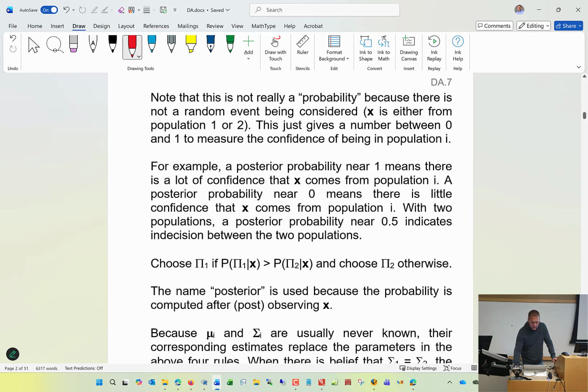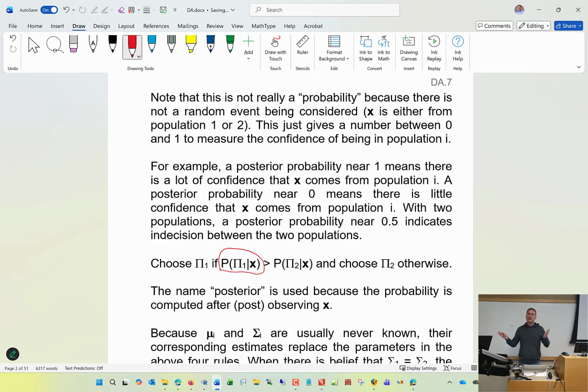And so if this posterior probability for being from population 1 is greater than the posterior probability for being population 2, predict population 1. Otherwise, predict population 2. That's it.